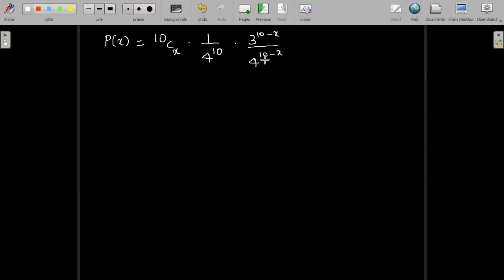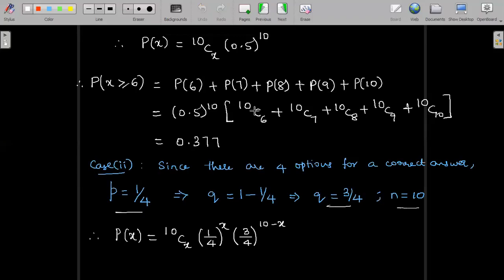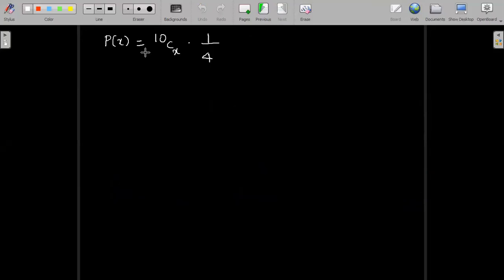Of course, this should have been 4 power x. 10Cx, 4 power x in the denominator. Sorry, I made a mistake. And this becomes 3 power 10 minus x divided by 4 power 10 minus x.